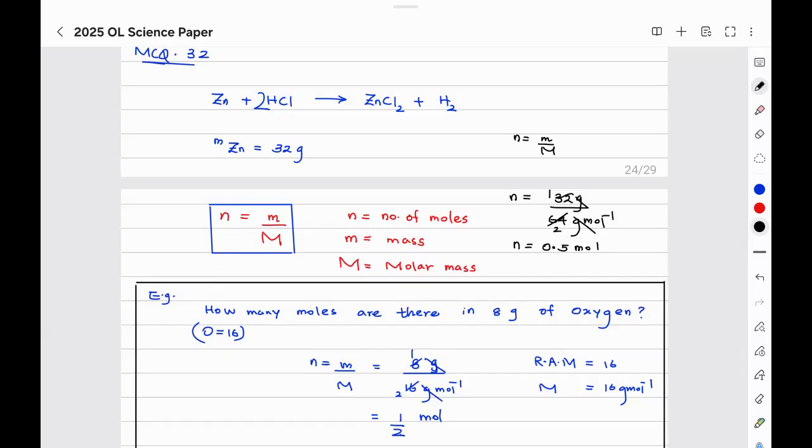0.5 moles. Then what we supposed to do? Now we have to find out hydrogen moles. How do you find out the hydrogen moles? Now, if the zinc moles are 0.5, what is the number of moles of hydrogen obtained from the reaction?